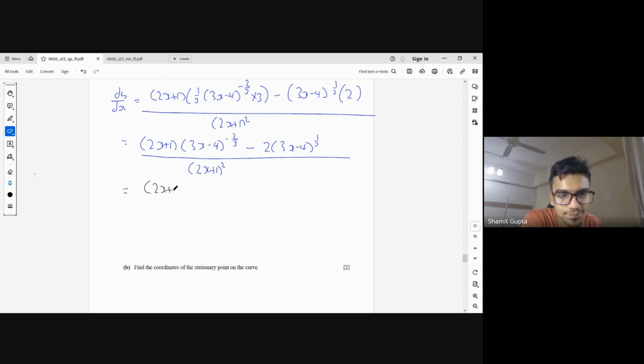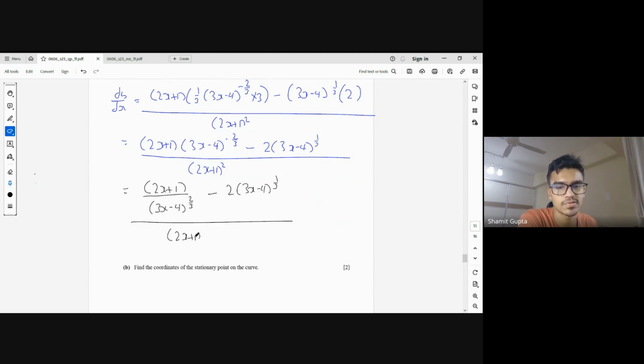I'm going to write this as (3x minus 4) to the power 2 over 3, because when it comes to the denominator, it becomes positive, minus 2 times (3x minus 4) to the power 1 over 3, over (2x plus 1) squared. Now the numerator, we can try making it the same fraction. So you have to multiply (3x minus 4) to the power 2 over 3 in this one.